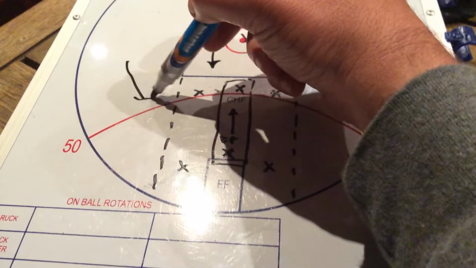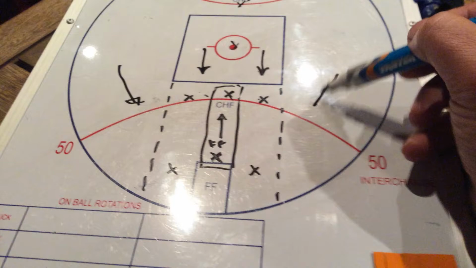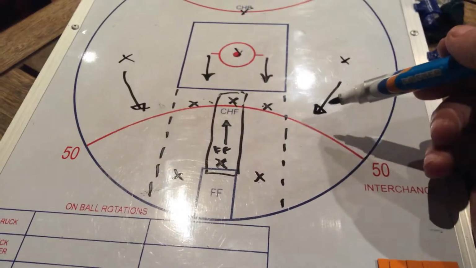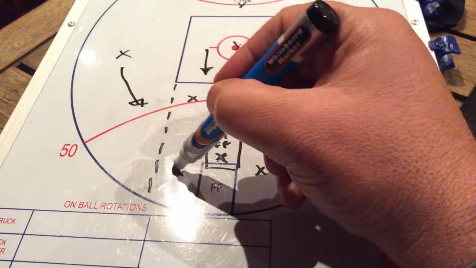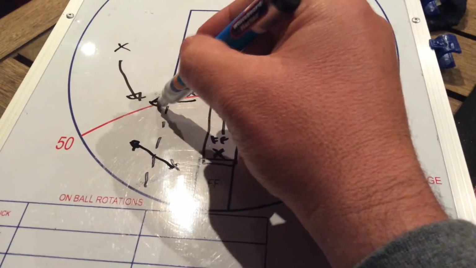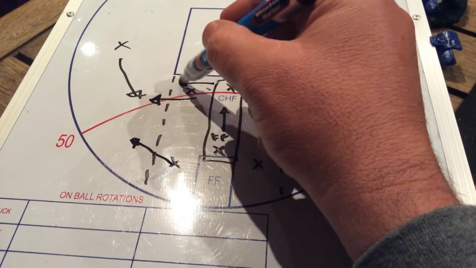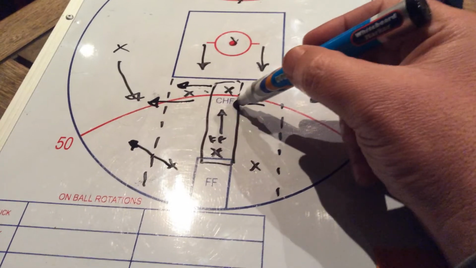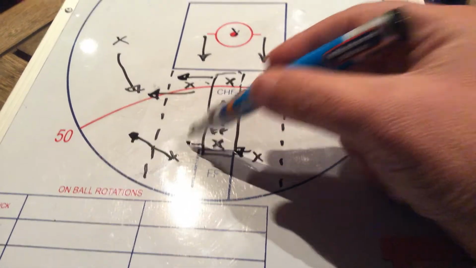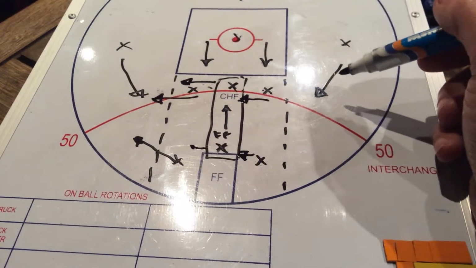Equally, if the ball is coming in from the flanks or the wings, which are here and here, then at least on this side we've got our forward pockets moving up, our half flank moving out, our centre half forward coming out this way, and these guys also starting to move this way as well. And that's the same on the other side.